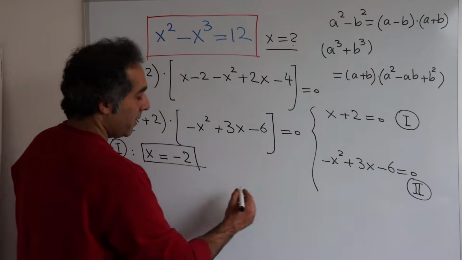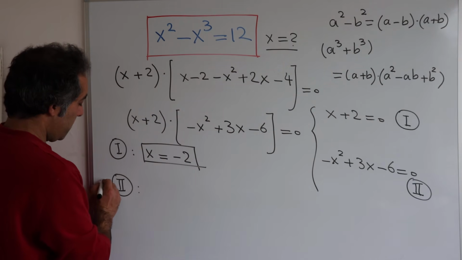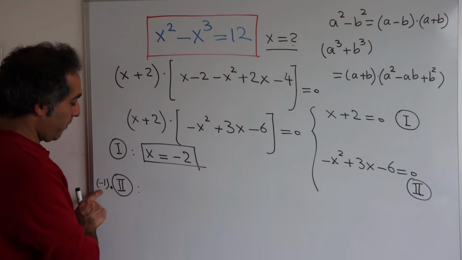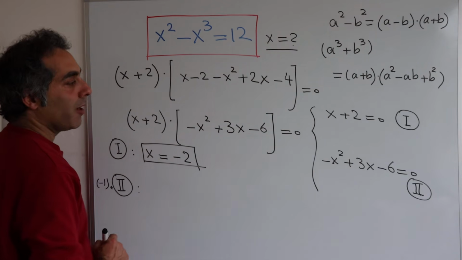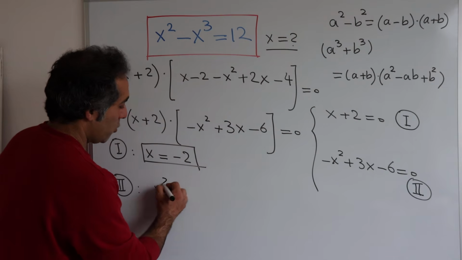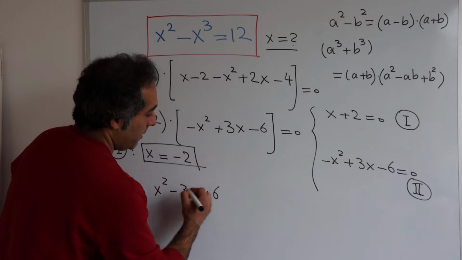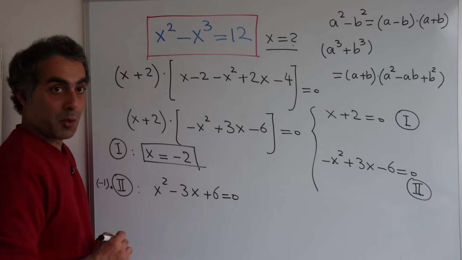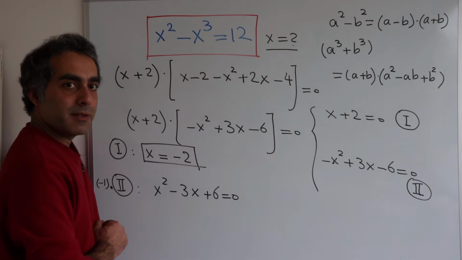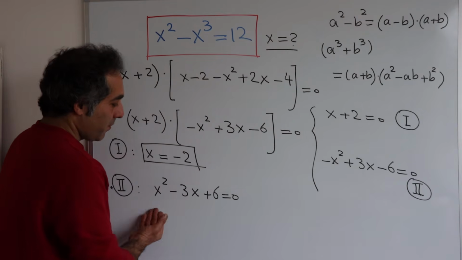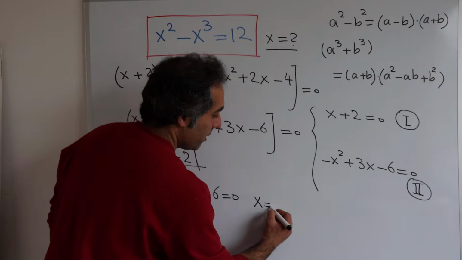So if we multiply the second formula by minus 1, we get x squared minus 3x plus 6 equals to 0.